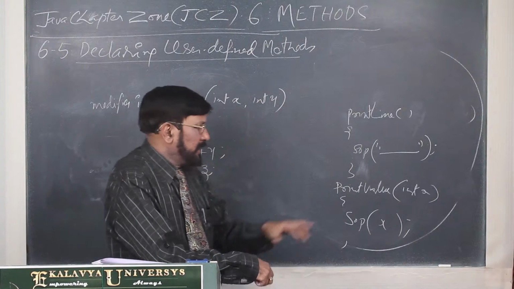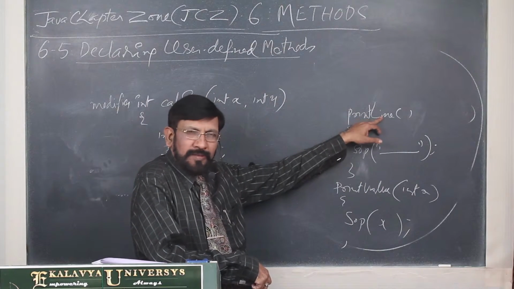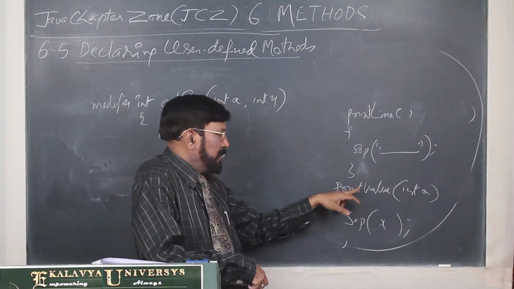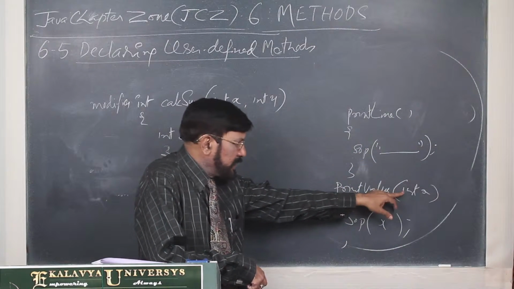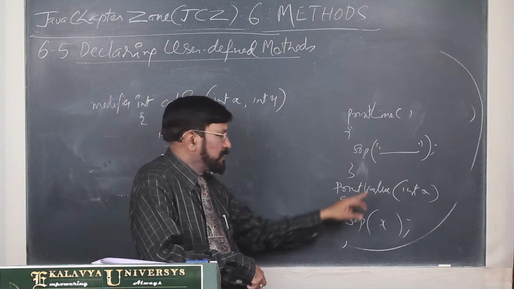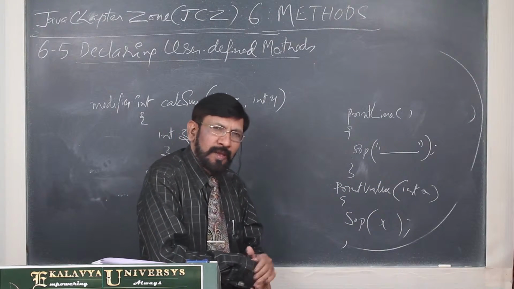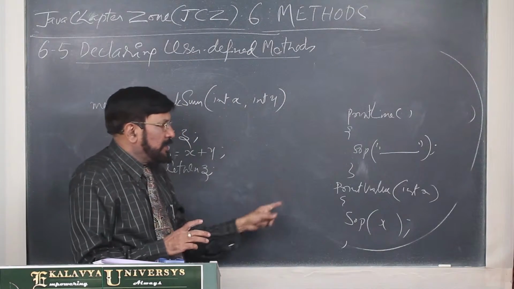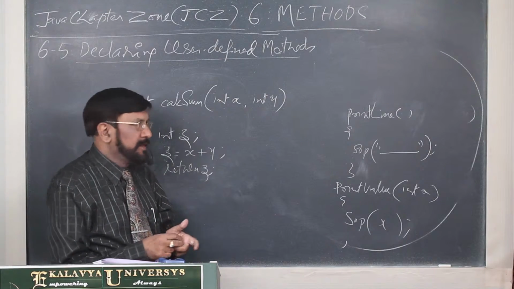See that, compare the two. This is a method which takes no argument and has no return value, and the second type of method takes an argument but does not return any value. This is the second group, and both are not returning anything.